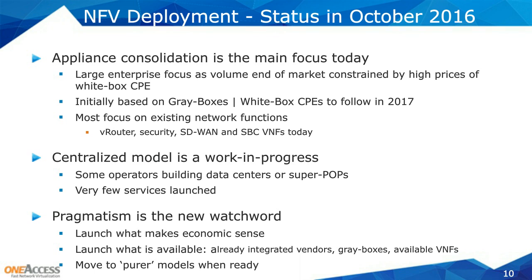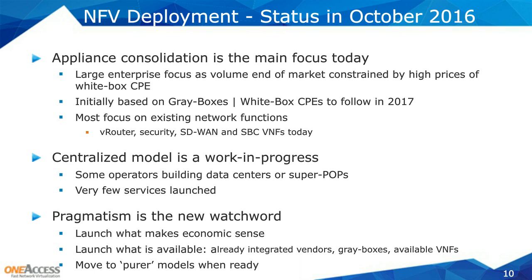And the initial focus, given this trend towards appliance consolidation, at least in the early days, is on existing network functions. As I said, the centralized model is very much a work in progress. The operators do have quite ambitious plans to build out these data centers, but they haven't yet really got any of these data centers to work as yet, and very few services have launched.